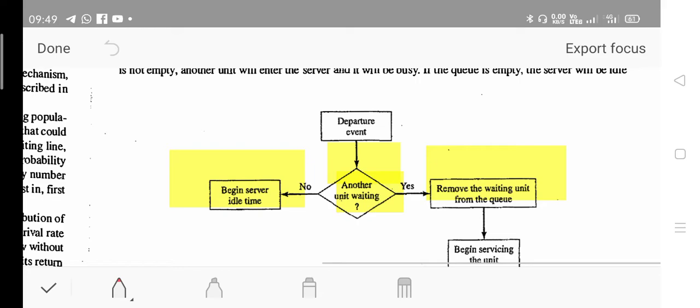B will be standing in front of the queue, so he will get the service, either withdrawal or deposit, whatever the service, and so on.